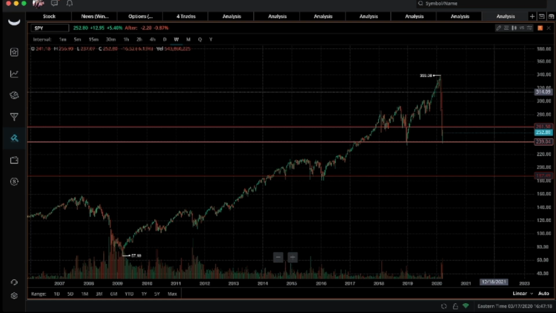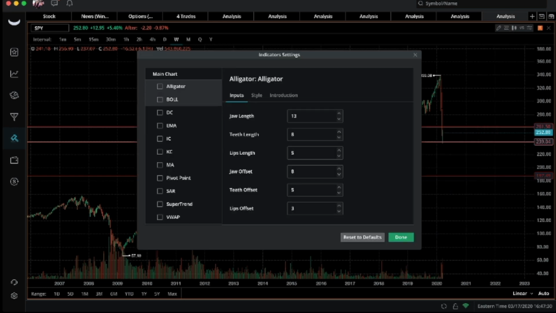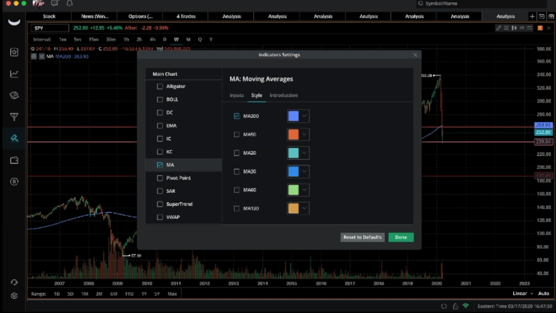And then one additional way to decide, not necessarily plot, but to get an idea where support is, a real great indicator for determining support is the moving average. Most people use a moving average of 200 and then a 50 to kind of plot some long-term supports.